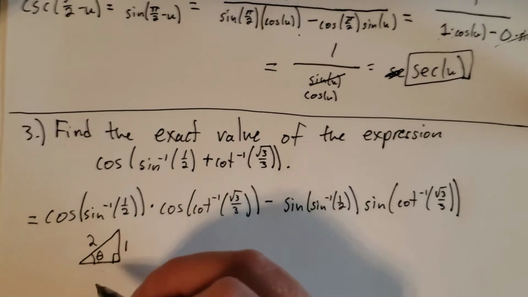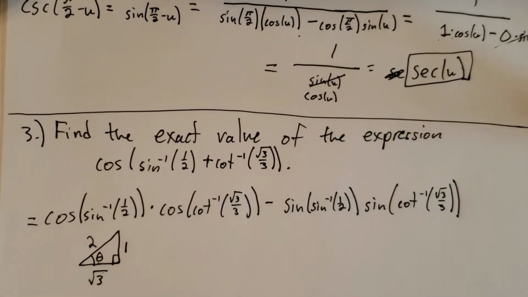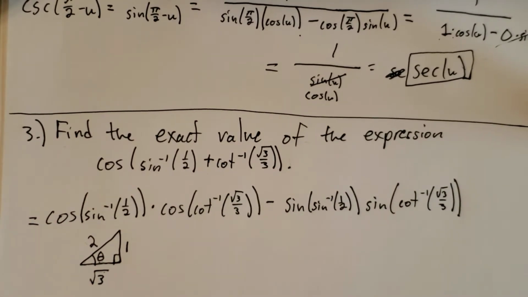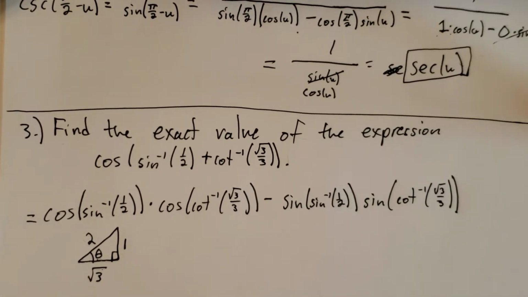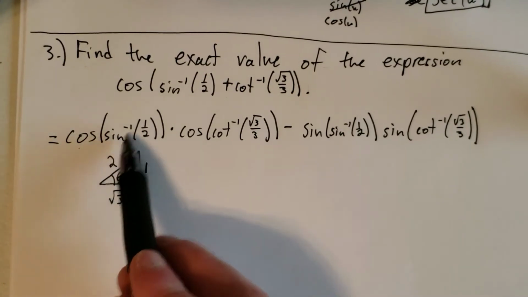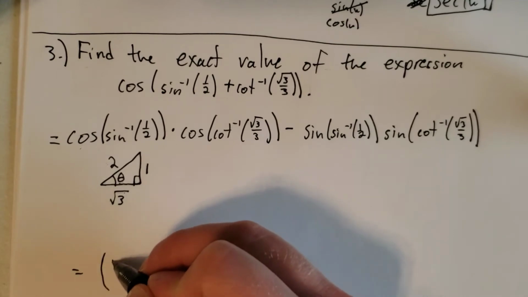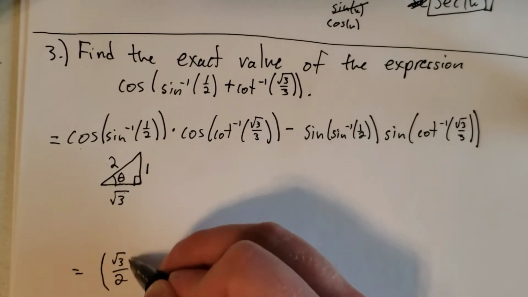So 4 minus 1 is 3, and then we take the square root. So that long side there is the square root of 3. So we get that cosine of sine inverse of 1/2 is the square root of 3 over 2.